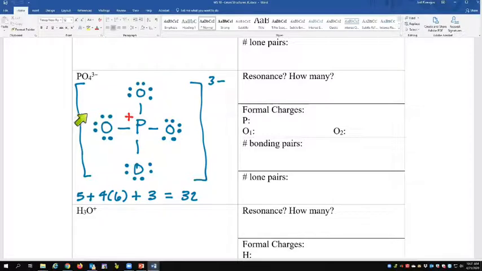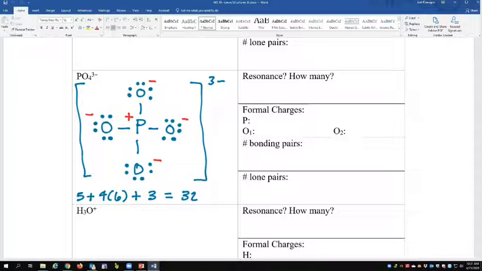The oxygens all have the same situation where they have 3 lone pairs and a single bond. Oxygen brings 6 electrons in, and here it's leaving with 1, 2, 3, 4, 5, 6, 7 electrons. So this has a -1 formal charge, -1, -1, -1.